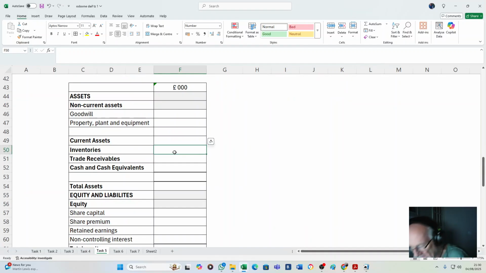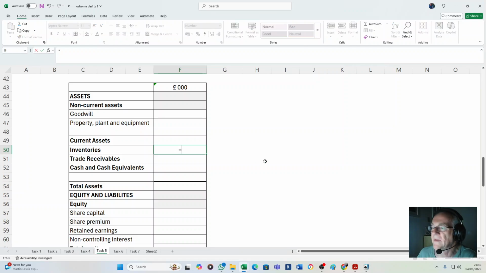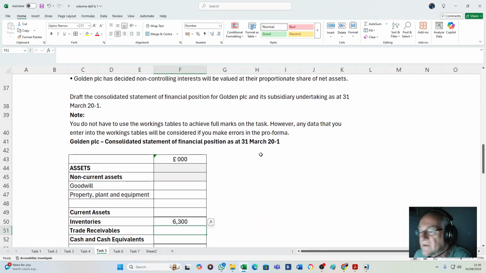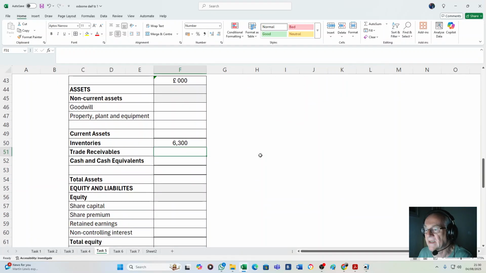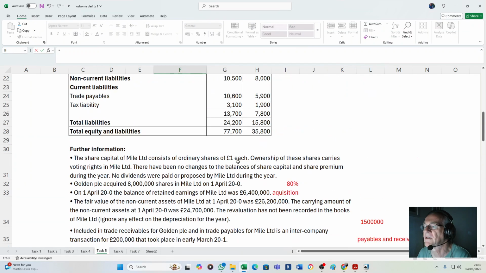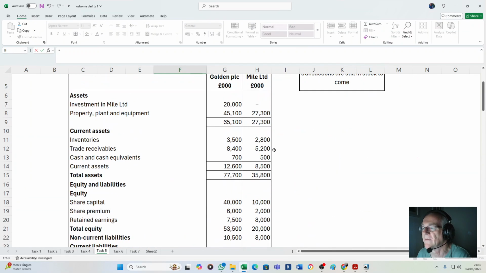What else can we do that's just added together? Well, the inventory in this case, this wouldn't be the case if there was some goods sold from one to the other still in stock, but we just have to reduce the value, we just have to adjust. So we'd just be taking that one off, and I can't think of any reason why cash and equivalents would ever need anything other than the two added together, except for one being in the current liabilities, meaning they're overdrawn.